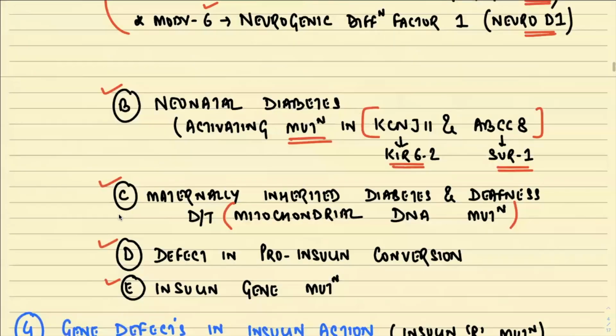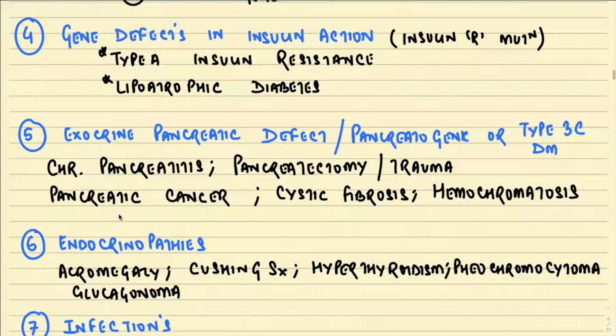The 4th important category deals with the genetic defects in insulin action. Classically, there are insulin receptor mutations leading to type A insulin resistance and lipoatrophic diabetes.